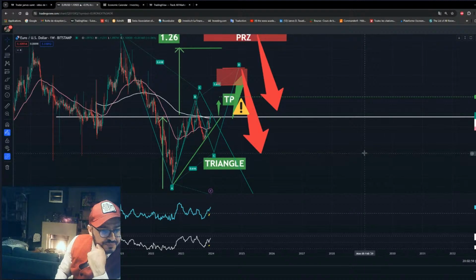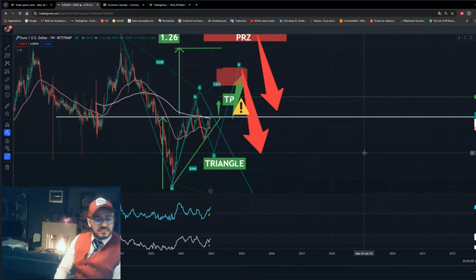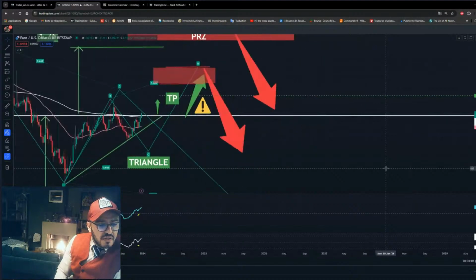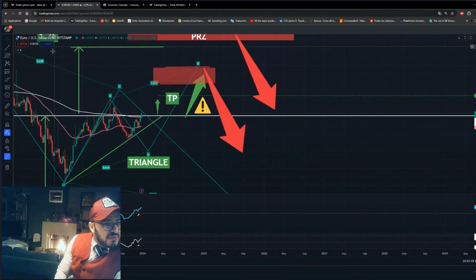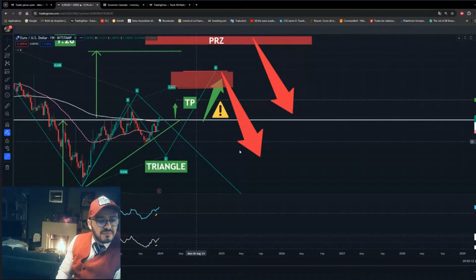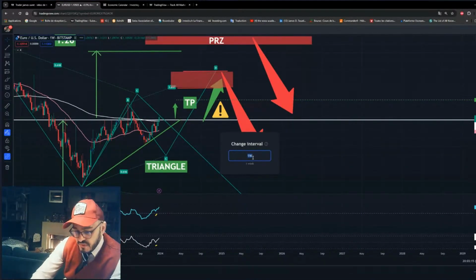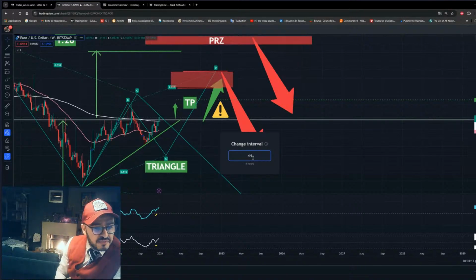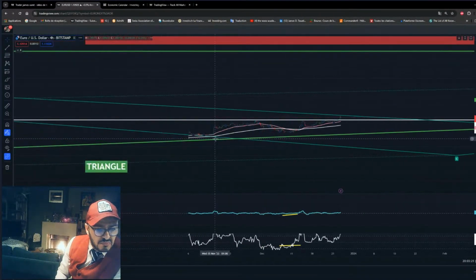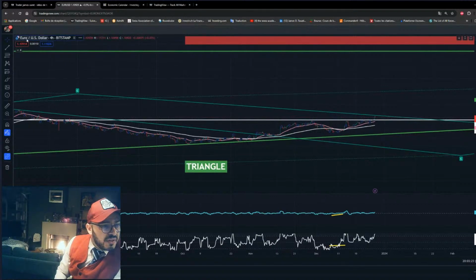It gives you the speed of the momentum. On the 4 hours we have a divergence. I'm going to show you the 4 hours here. No, nothing. Okay, doesn't matter.